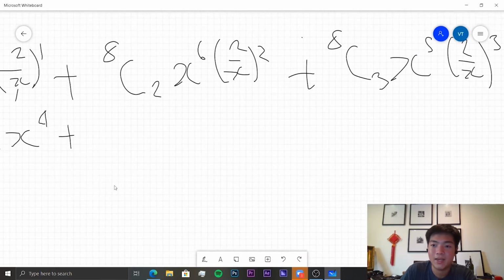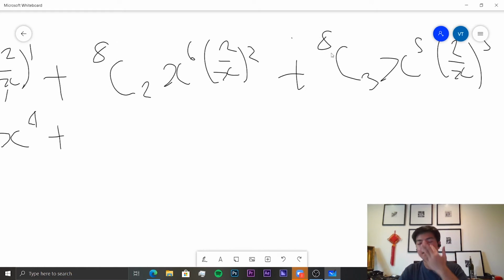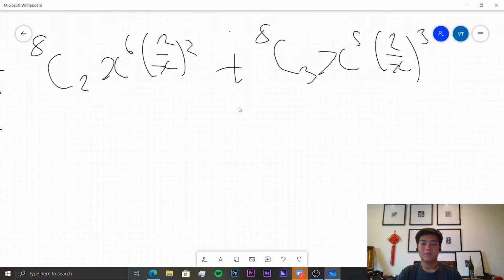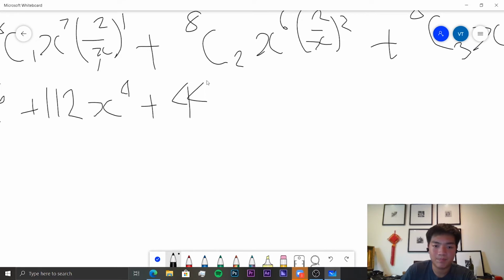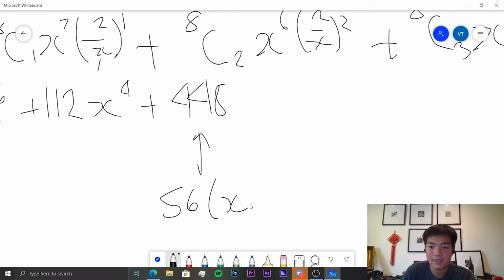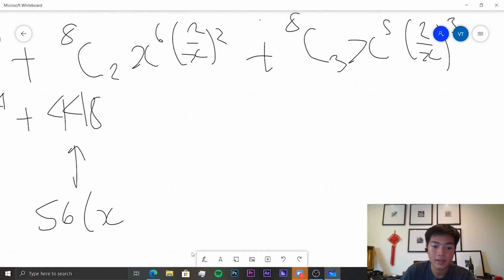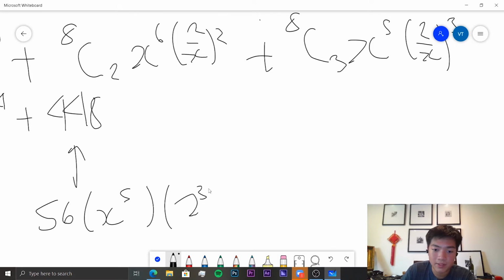And finally, we have 8 choose 3, which is 8 times 7 times 6 over 3 factorial. Well, it would be 56 times 8. So 448, because if you don't understand why it's 448, this is 56 times x to the power of 5 times, this is really 2 to the power of 3 times 1 over x to the power of 3.